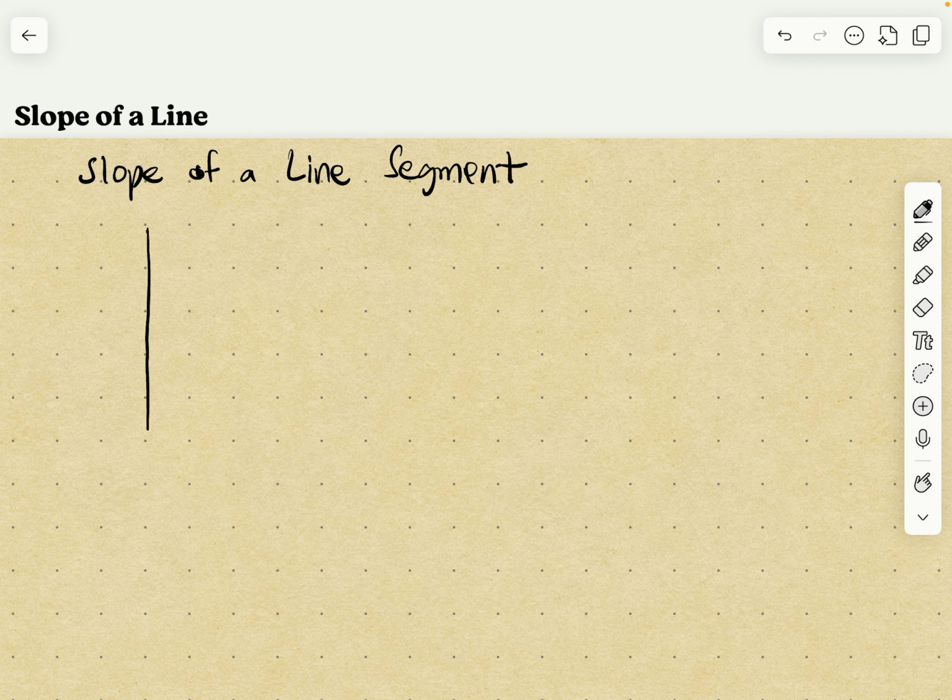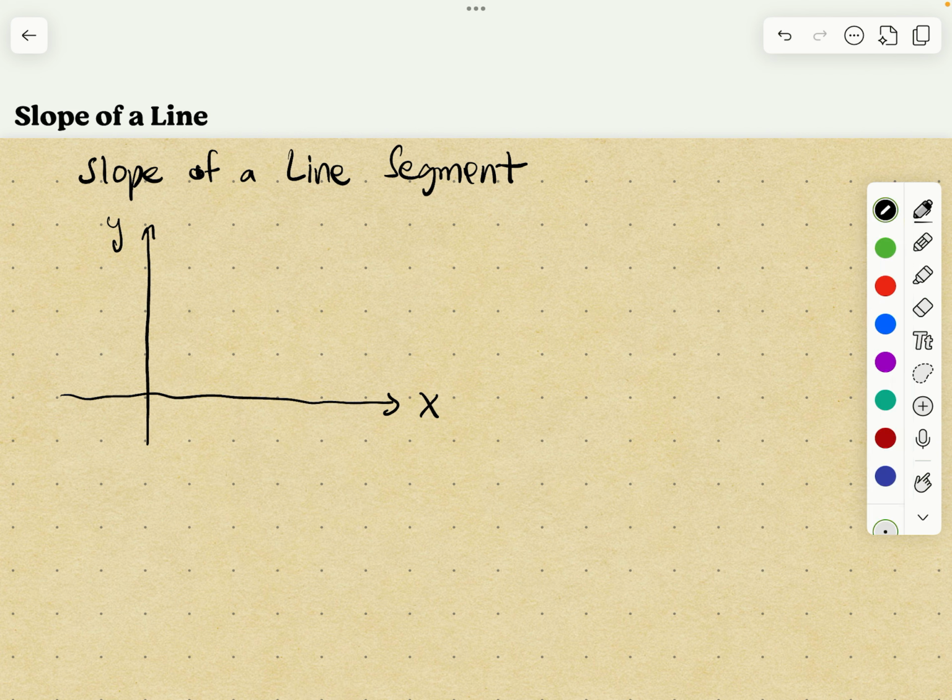So here are your axes, the x-axis and the y-axis. Let's say you have a line segment that's here and ends here.